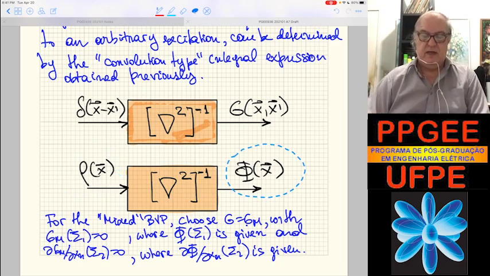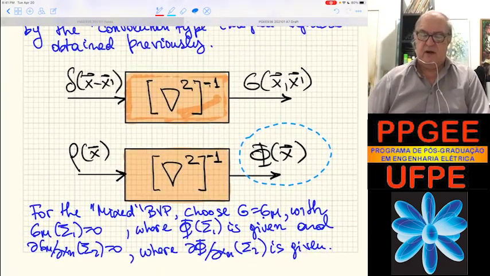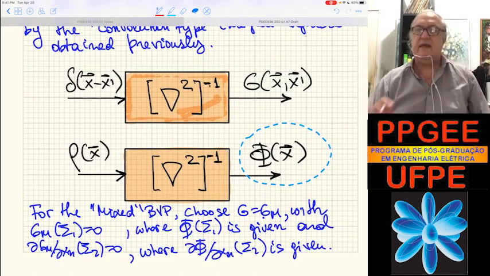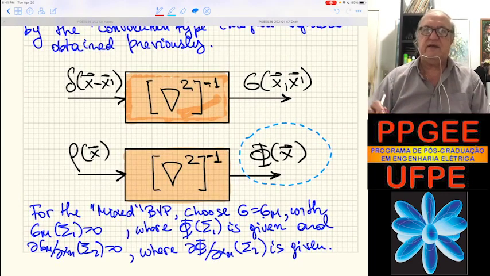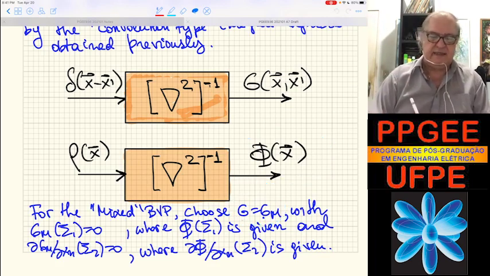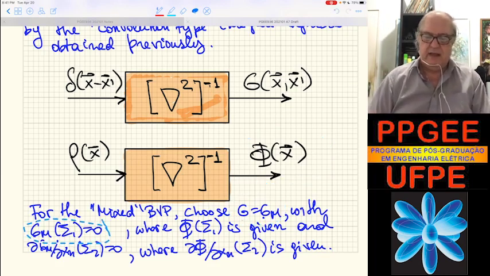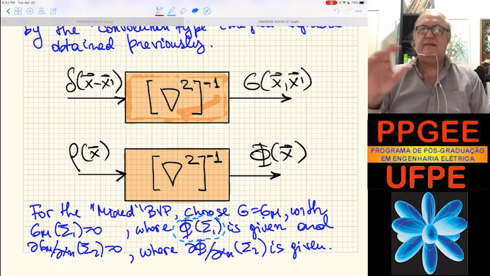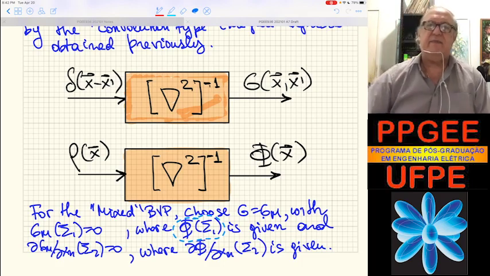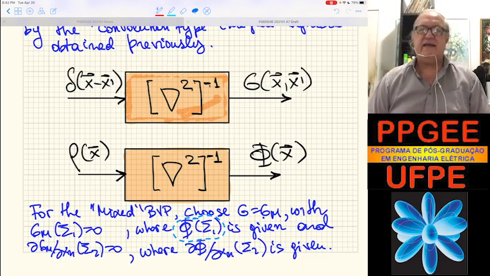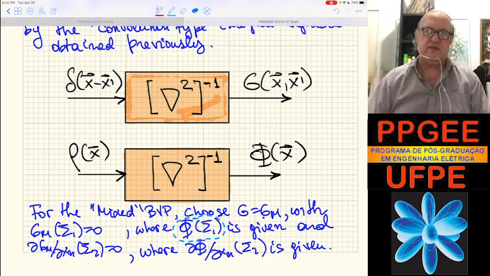Right? Well, for the mixed boundary value problem, you can use a mixed Green function that has a 0 on the boundary where the potential is given, right? And now we are not going to have that problem of finite value of derivative. You can choose a 0 derivative.